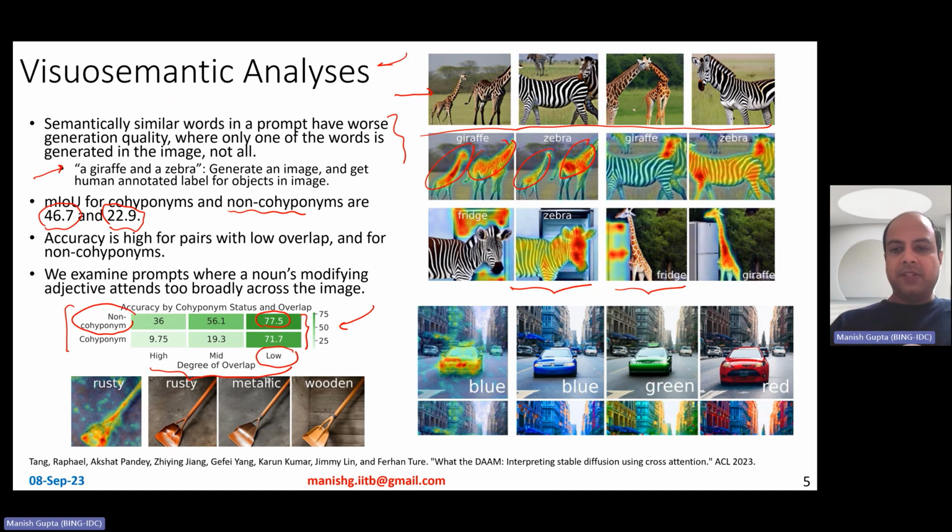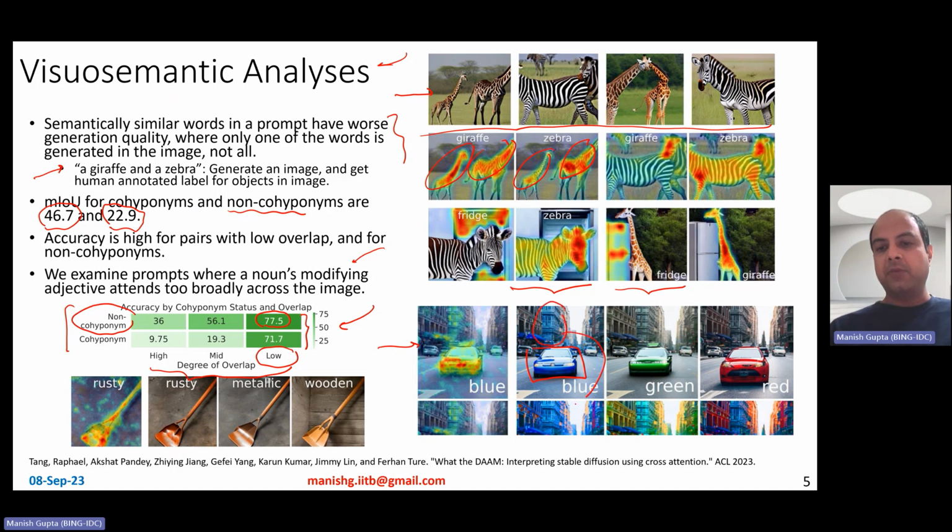They had this interesting observation that if you try to come up with images from stable diffusion where you just change the adjective in a noun, for example, a red colored car on a road versus a blue colored car on a road, or a green colored car on a road, what you observe is that it's not just that the car becomes blue, but the other surroundings change too.